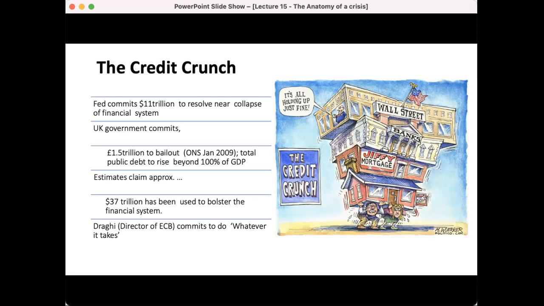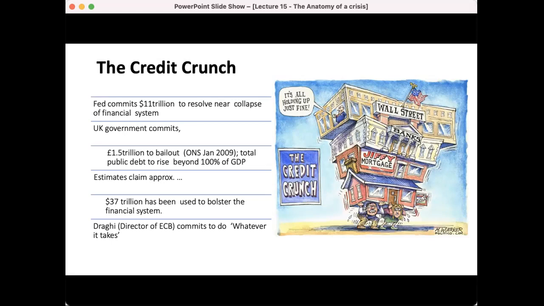And in the UK, public debt rose beyond 100% of its GDP for the first time in a period of time. That's worth noting, because I'll come back to that point later on as well. It is estimated that approximately $37 trillion has been used to stabilize the financial system between 2008 and 2014, 37 trillion.